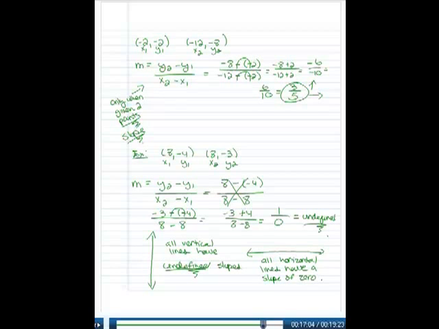So let's look at some examples. We'll start with vertical and horizontal. So again, vertical lines have a slope that's undefined, whereas horizontal lines have a slope that is always 0.